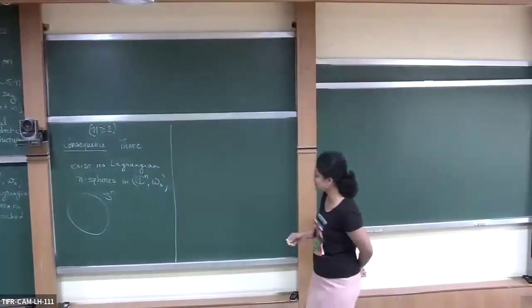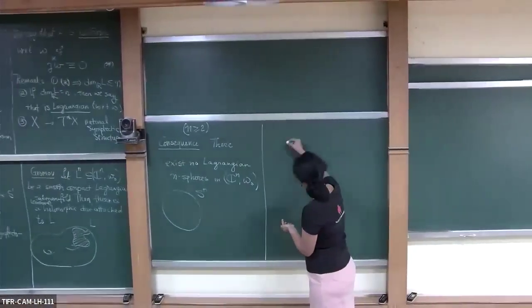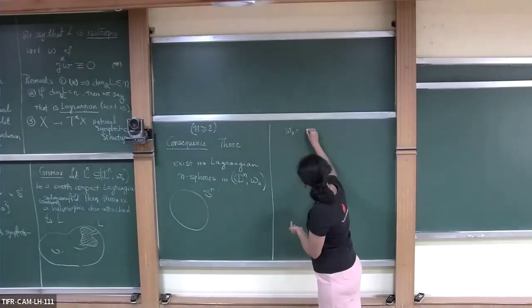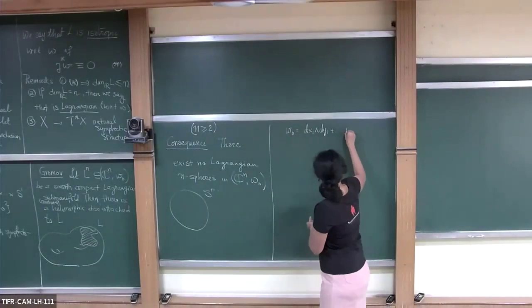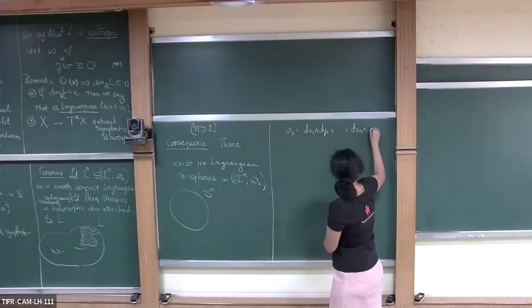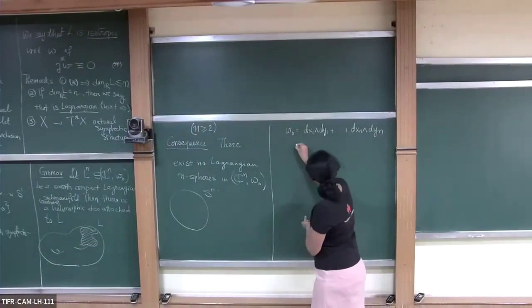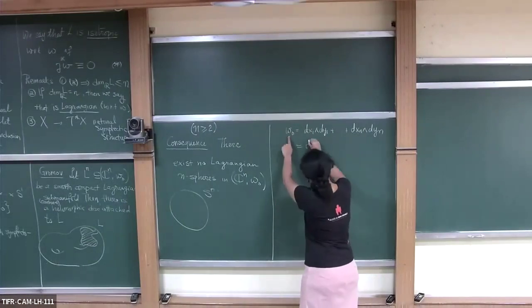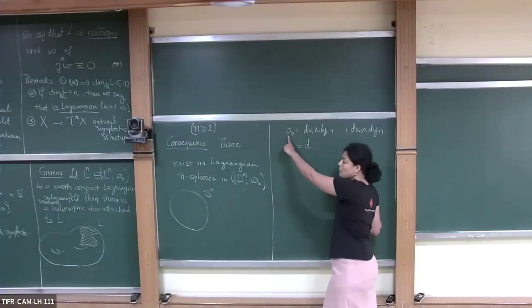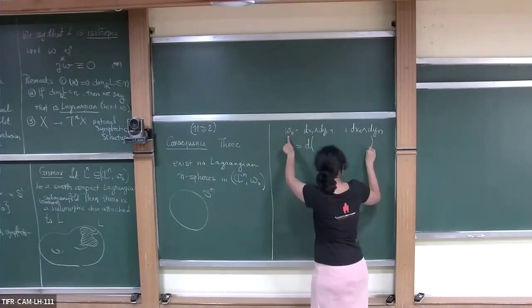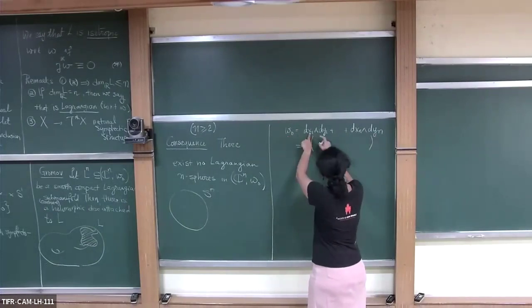Let me also write down something which maybe we have not bothered to, has not come up. So what is this? This is dx1 wedge dy1 plus ... plus dxn wedge dyn. And this is actually an exact symplectic form, which means it's d of a one form. So now I have to do this right.